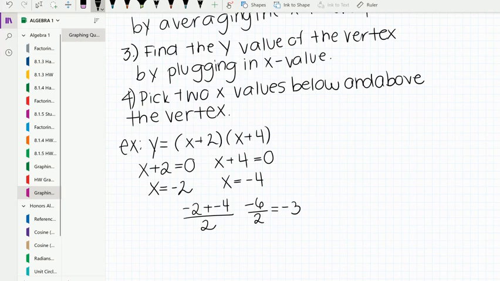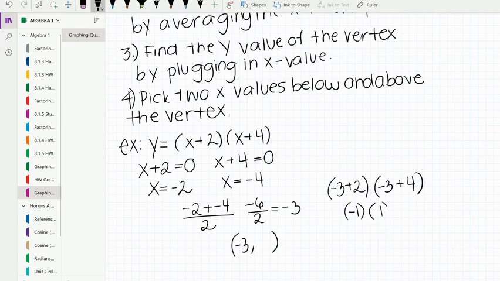The only problem is I know it's -3 comma something. To get that something, you just do what we've been doing. You plug in your x value to get the y value. So that would be -3 plus 2, I'm plugging it into the original equation, times -3 plus 4. So -3 plus 2 is -1. -3 plus 4 is 1. So it will be -1.